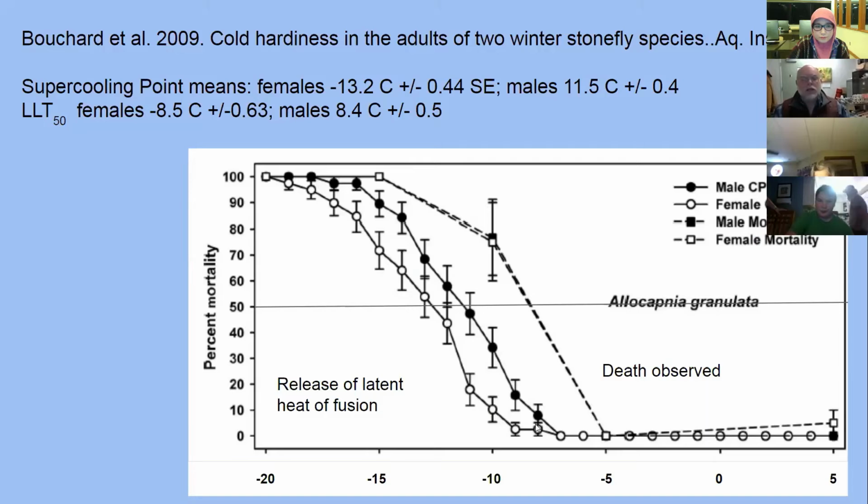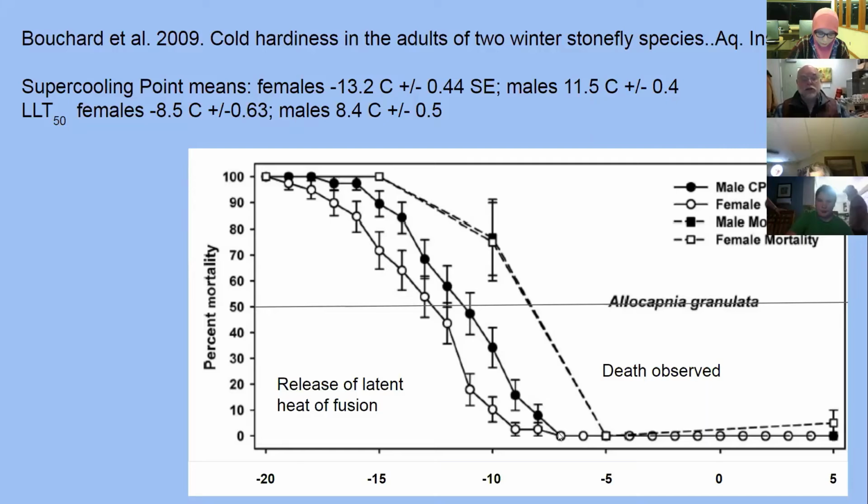The way you try to determine how cold hardy a species is is that you try to see how much suppression of freezing, or supercooling, it can undergo. And so they put these specimens, live individuals, into these tubes and then put a thermocouple in to measure the heat that's actually in the tube.